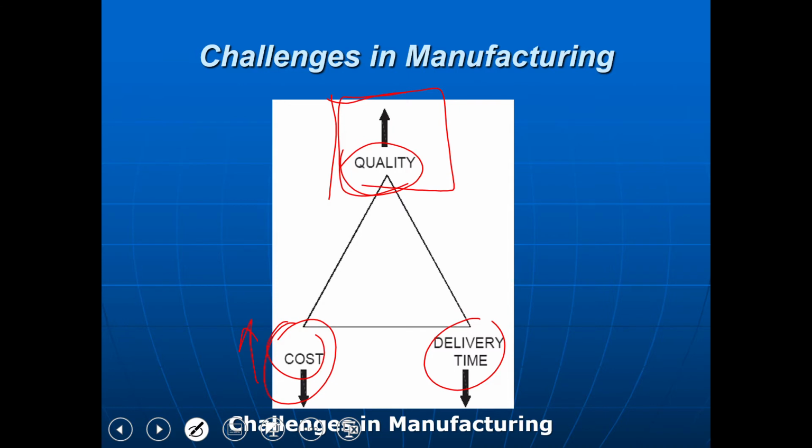But in manufacturing, this always becomes a challenge: to reduce the cost with high quality and to meet the delivery time. To produce a high quality product, actually we need more time and a high cost, but we need to face this challenge as engineers to make sure a high quality product can be produced at lower cost and shorter delivery time.